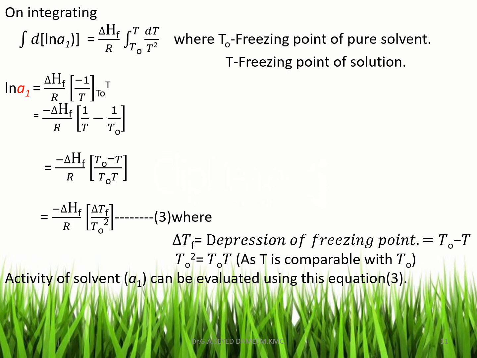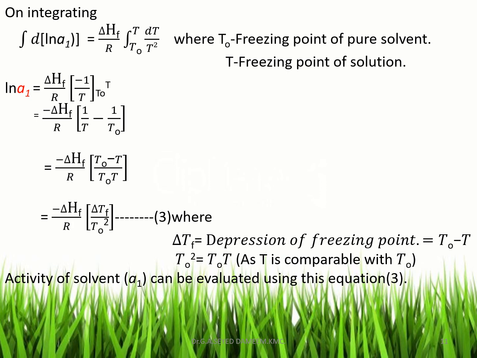Here delta TF is the depression of freezing point, that is T0 minus T, and T0 T becomes T0 square because the value of T is comparable with T0, therefore T is replaced by T0, so the product T0 T becomes T0 square.